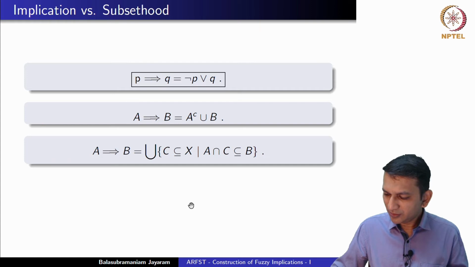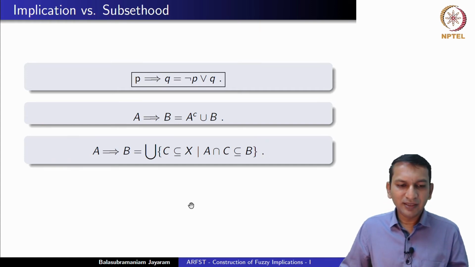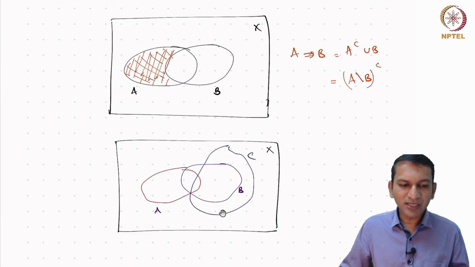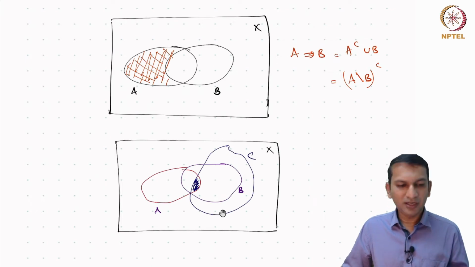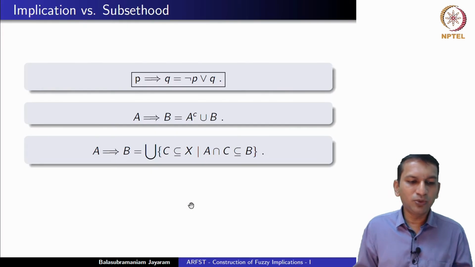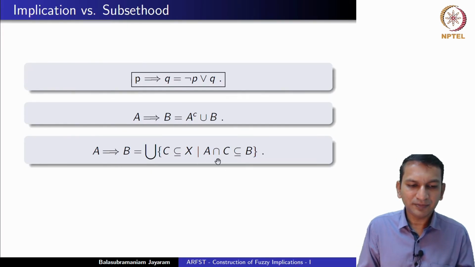So let's look at this C. Now, what is A intersection C? Really this part. Now, is this contained in B? Yes, it is contained in B. So this C actually could be considered in this family here.